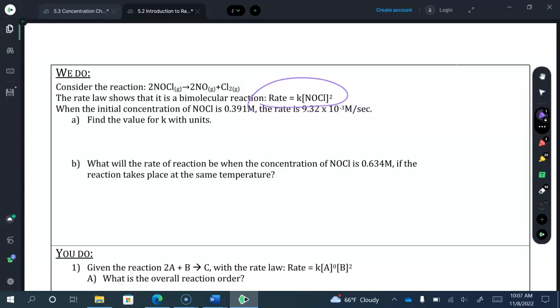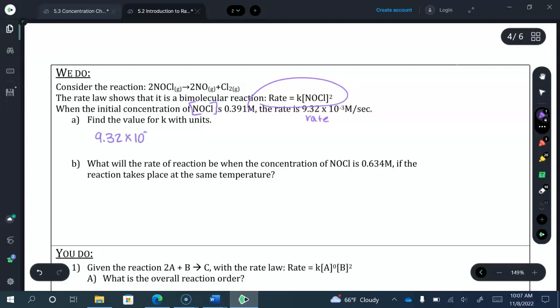So we're just going to substitute in our rate and the concentration into the equation given. So rate, 9.32 times 10 to the negative third molarity per second, is equal to K times 0.391 molarity squared.